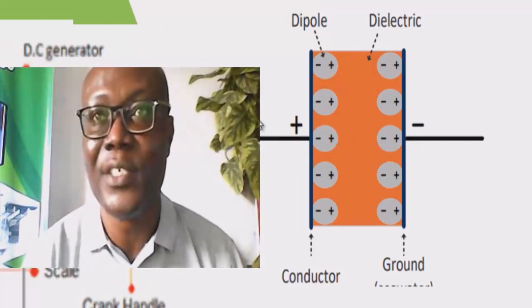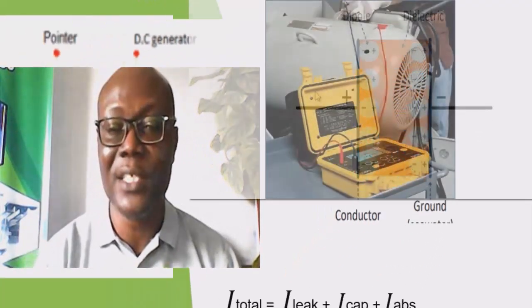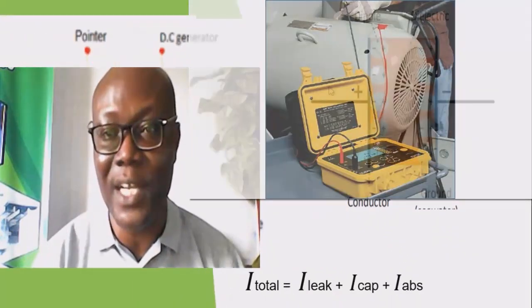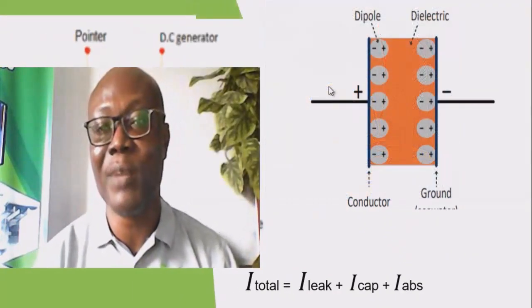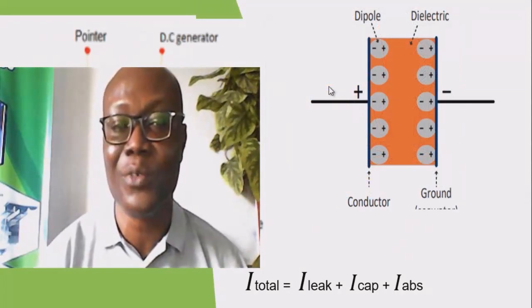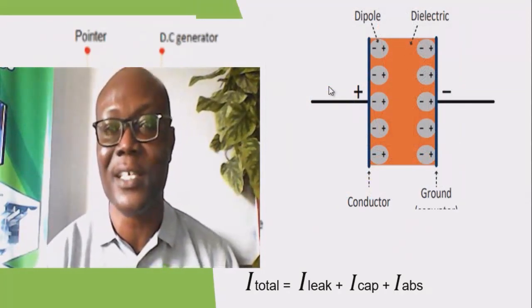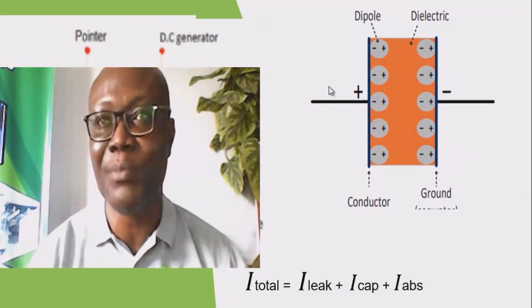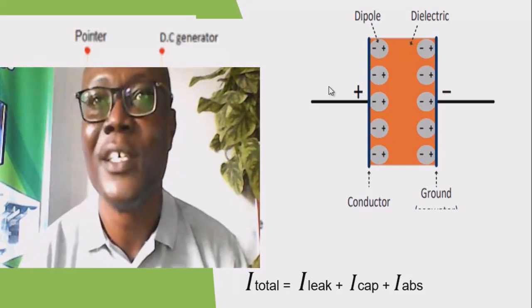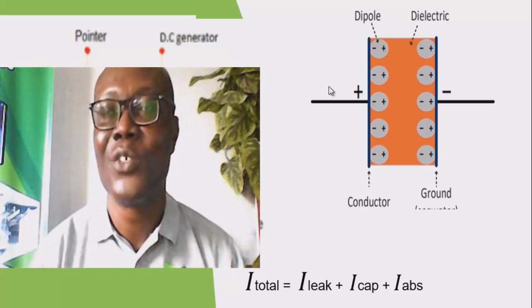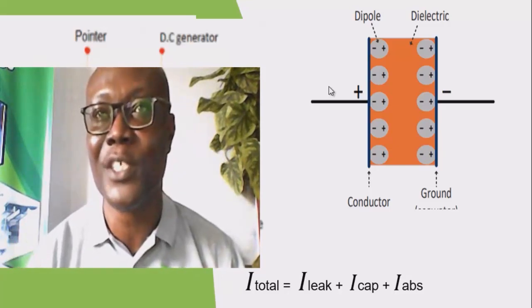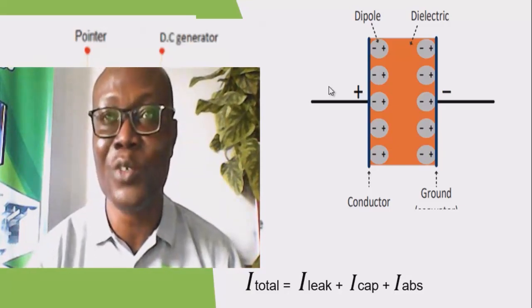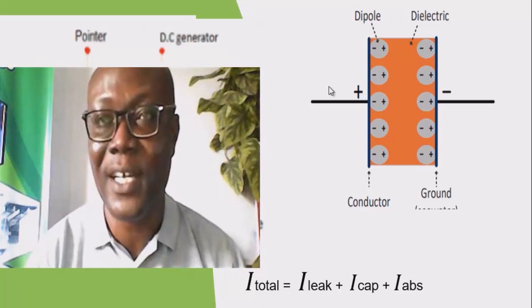When you apply the DC potential, there are actually three types of current that will be flowing. What you are doing is creating a capacitor-like arrangement, because you are placing a potential difference at both ends of the insulator. So all the insulation molecules will be realigned. Are we getting it?